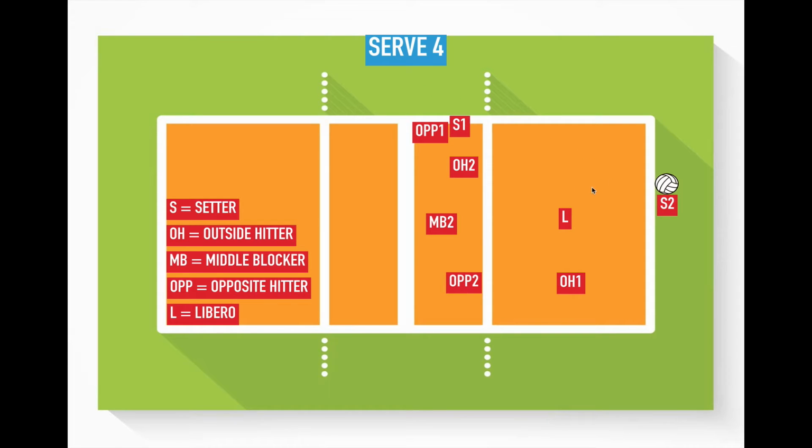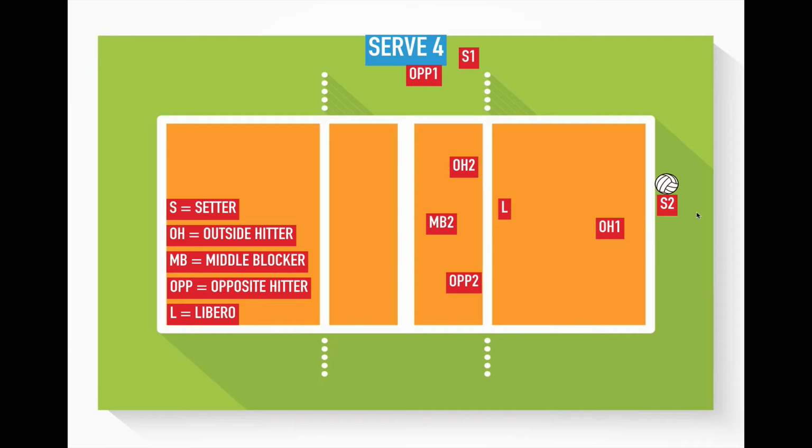So let's get everyone into position now. What we're going to do is we're going to pull the opposite back and put her in the back middle. We got to move the libero forward in order to do that. And then on the serve, libero is going to run over here to her position.